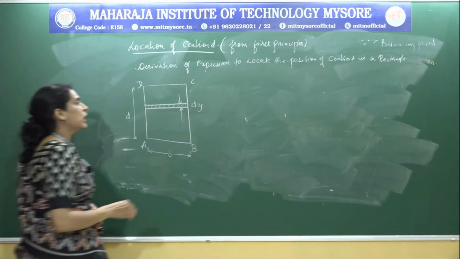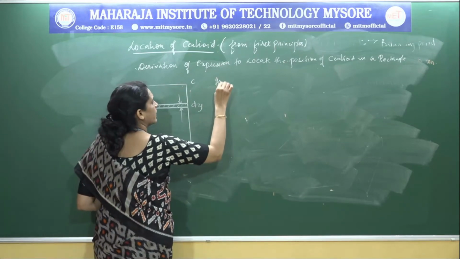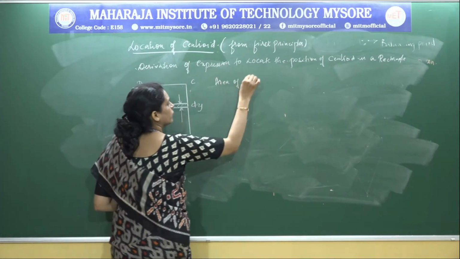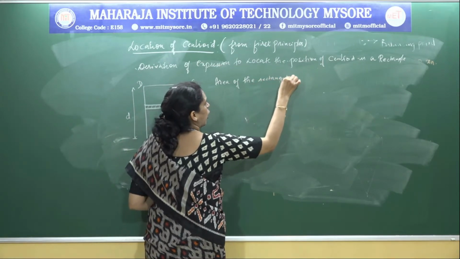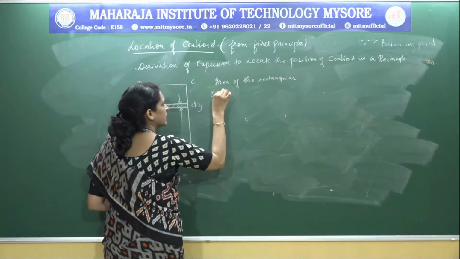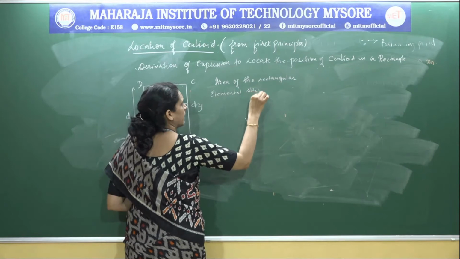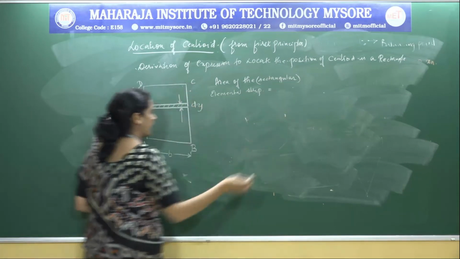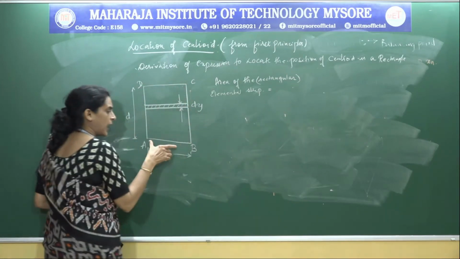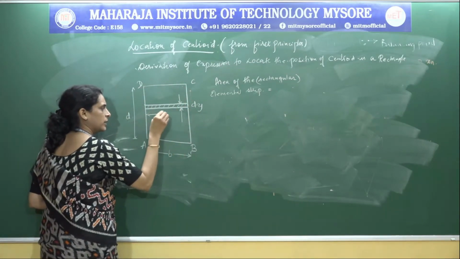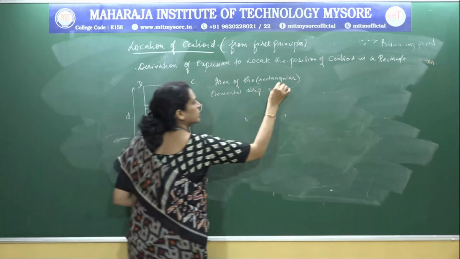So now let us consider the area of the rectangular strip or the elemental strip as B into dy, because I know the dimension here is B into dy.